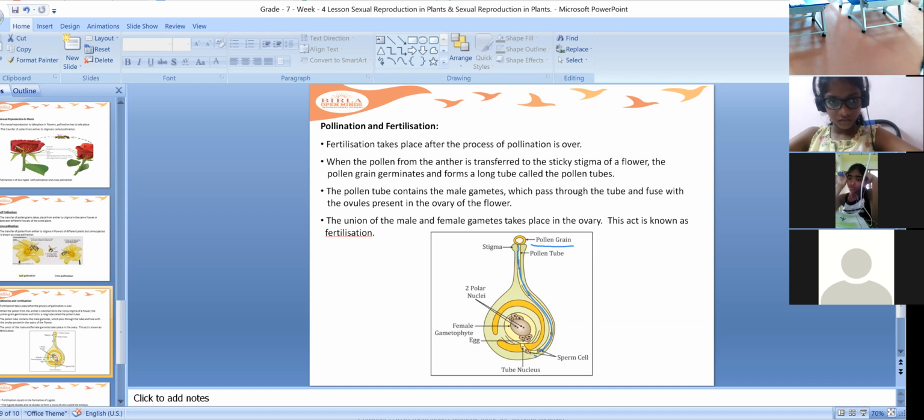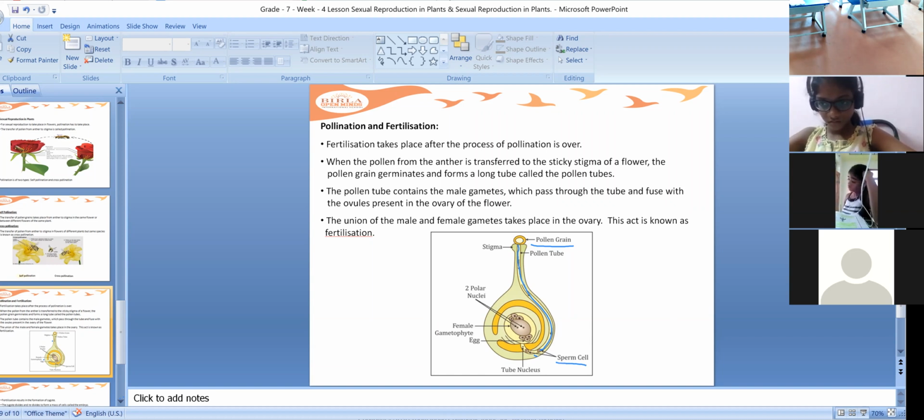Now this sperm cell will come and meet the female gametophyte, the female egg. What is there in the pollen grain? There are sperm cells inside this pollen grain.